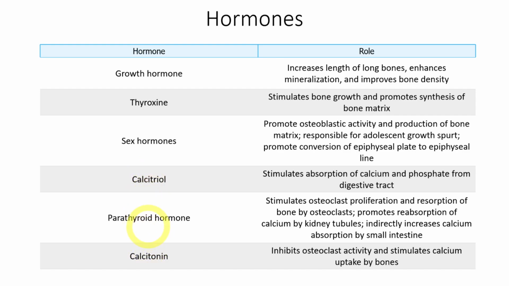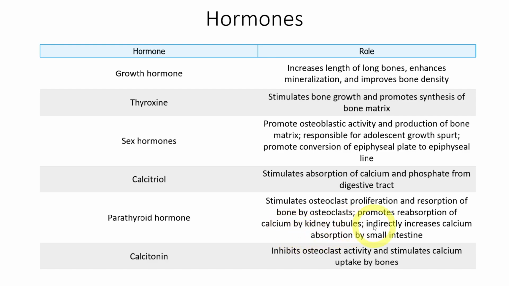Parathyroid hormone comes from these other endocrine organs that are right next to the thyroid, pretty much the same thing, except it does the opposite of the thyroid hormone. It makes the osteoclast more active. It breaks down the bone matrix. It tells the kidneys to save as much calcium as possible, but don't let it go to the bones.